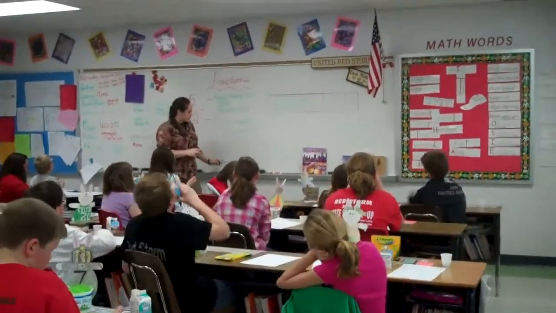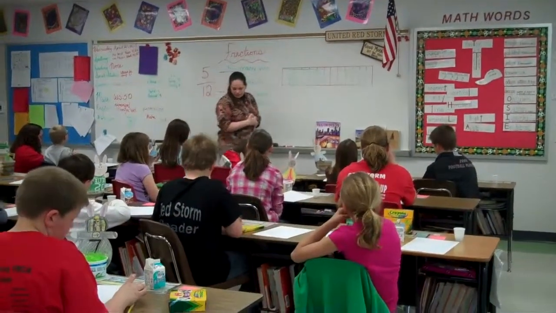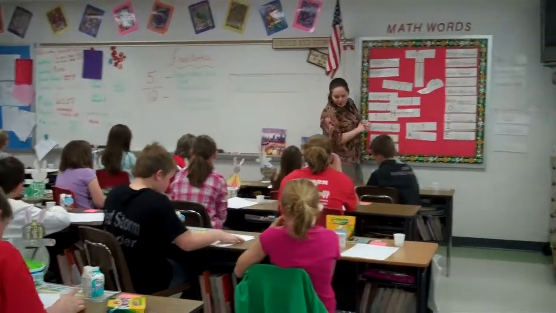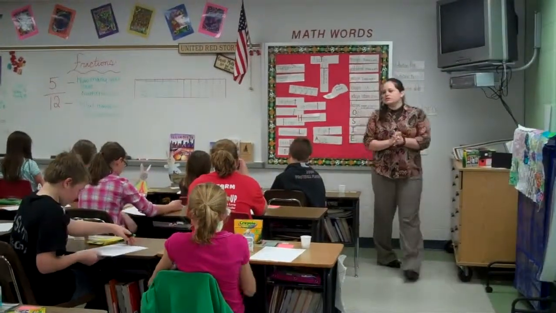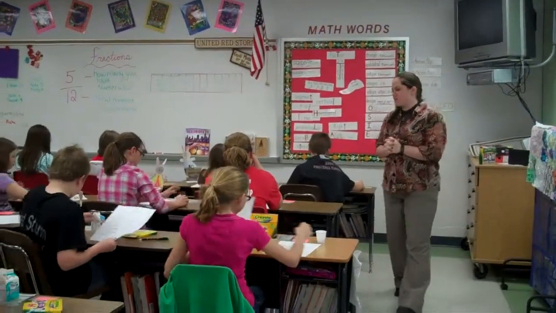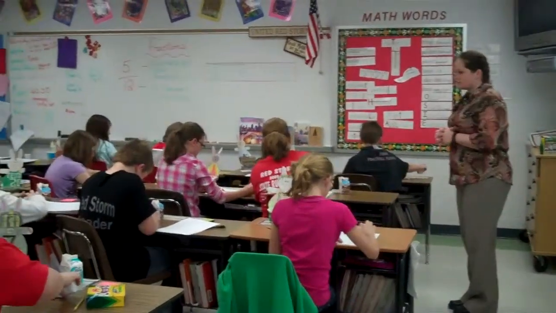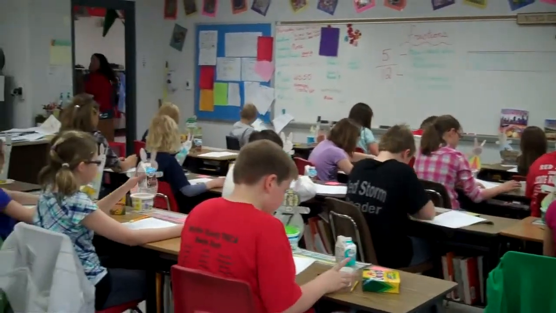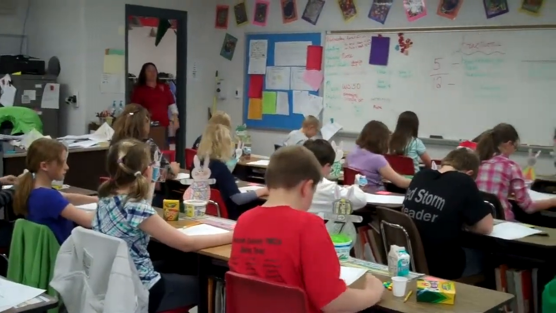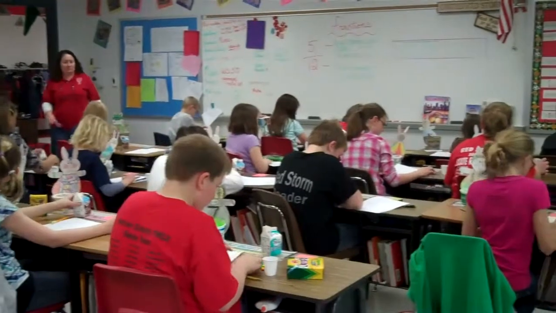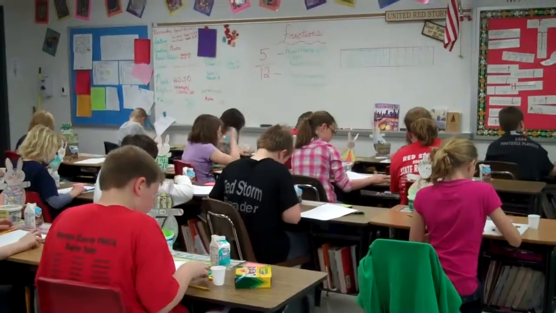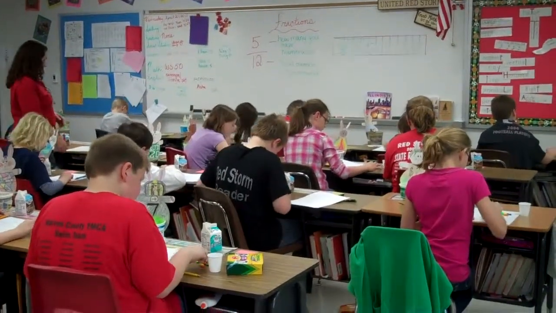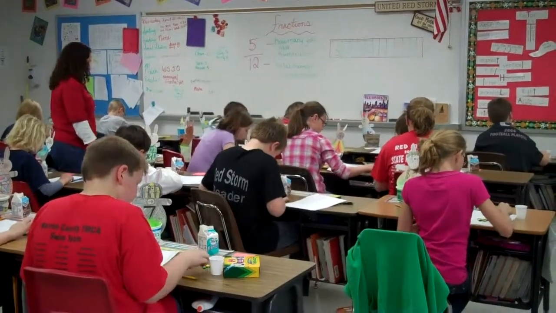Okay. You have a paper in front of you that says M&M's fractions. The first thing I want you to do is dump out your cup of M&M's on your desk. Okay? On the top it says total number of M&M's. So go ahead and count how many M&M's you have total, and you're going to record that on your sheet.